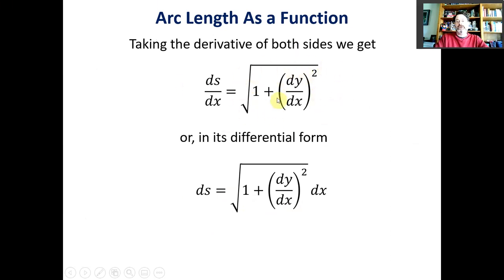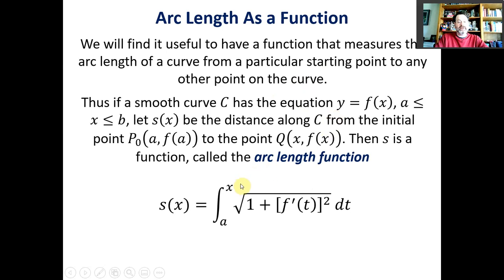All we're doing is getting the derivative on the inside again, but with respect to x. So here's x. So this is just f prime of x, which is dy/dx. Those are interchangeable. And the dt goes away and the integral goes away. So you just end up with this. So if you forgot how the fundamental theorem of calculus works, go back and check it out. That's what we're using here. That's in chapter 4.